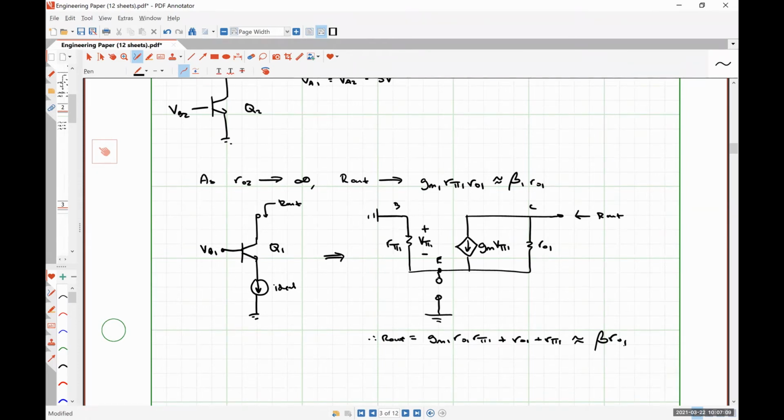So what effect does the early voltage have on our output impedance? Okay, so all of these circuits that we've been dealing with have some finite early voltage. We've been dealing with an early voltage of 5 volts. Let's see what happens if we increase the early voltage to 50 volts, okay?